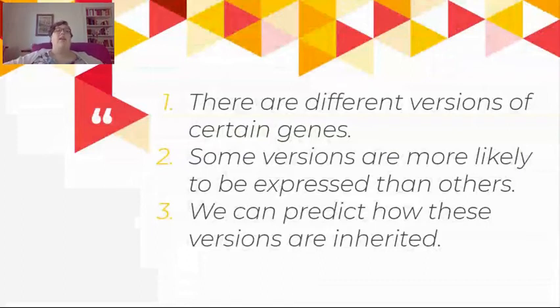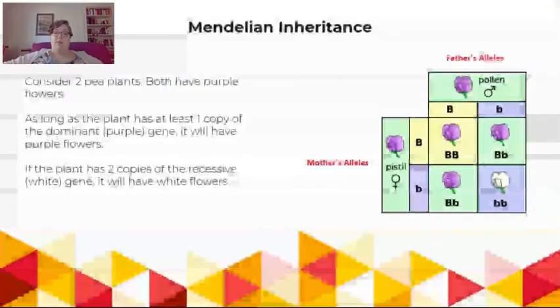This idea is called Mendelian genetics, and it works really well to describe what happens when you have a trait that is coded for by a single gene. For example, Mendel worked with pea plants. And if you've ever seen a pea plant before, you know that they have flowers, much like other plants.